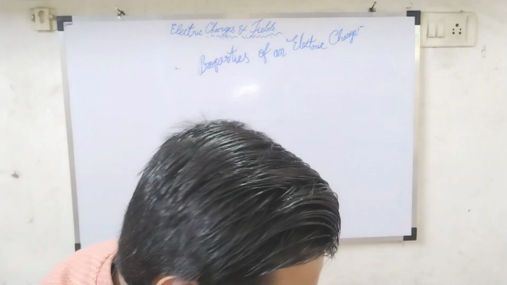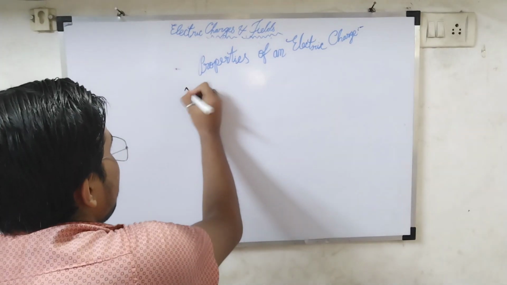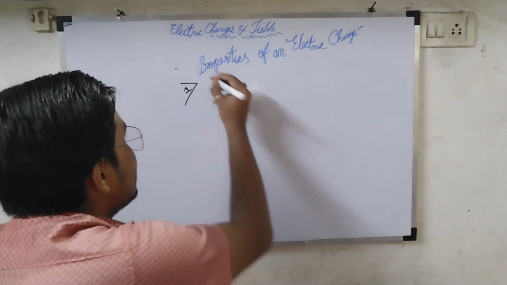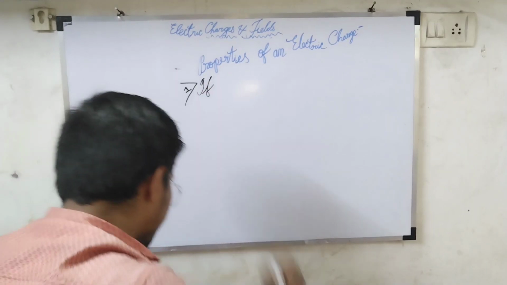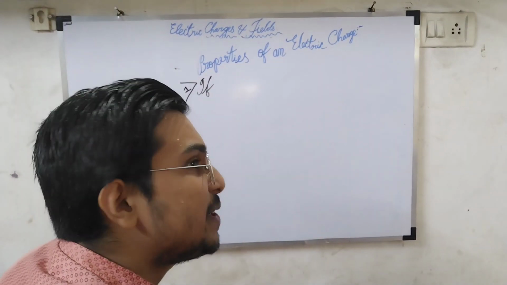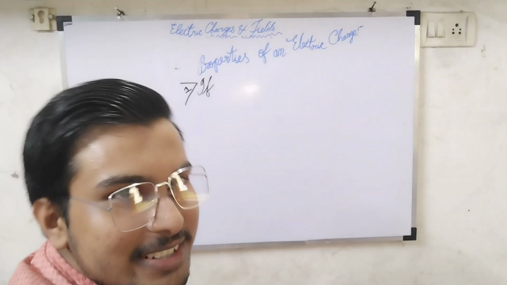So the first property, what is the first property? If the size of the charged bodies is very small as compared to the distance between them, then we treat them as point charges.